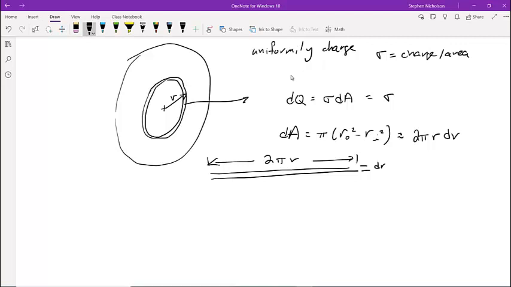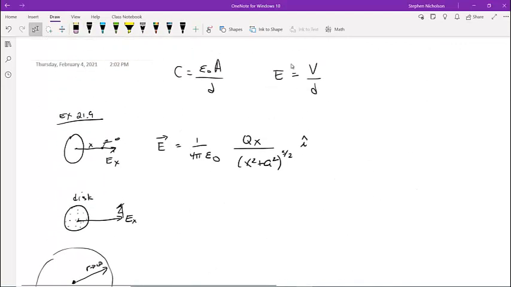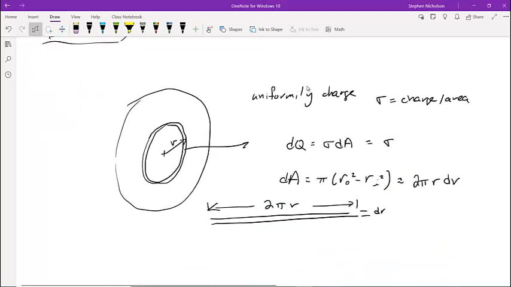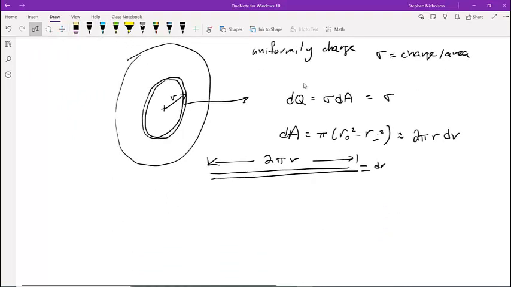Now we go back to this equation here, and instead of using Q, we're going to use dq, and instead of E, we're going to have dE, because that's the electric field due to this little element of area.